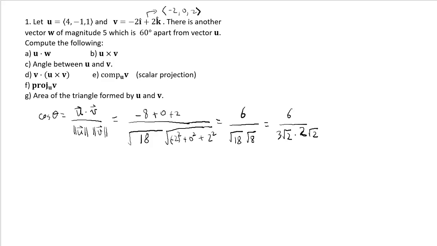Square root of 2. And then you see that square root of 2 times square root of 2 is 2, right? So you have 3 times 2 times 2. And then 6, and you see that this is 6, that's 6, so they can cancel out, leaving you with 1/2.